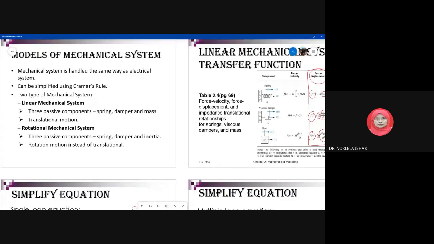For the next meeting, we will cover electromechanical systems, meaning the combination of electrical and mechanical systems.